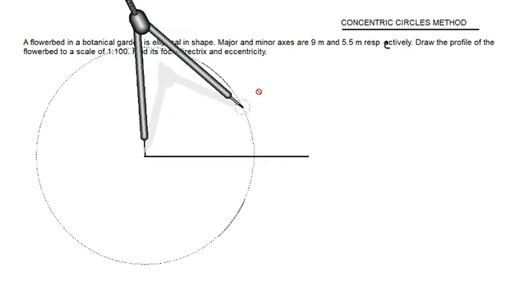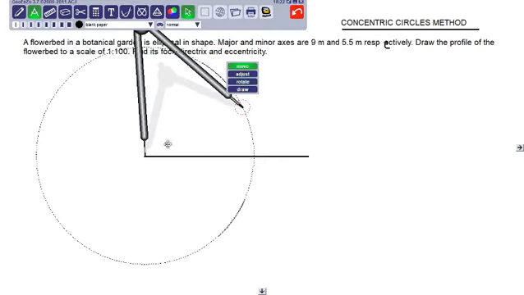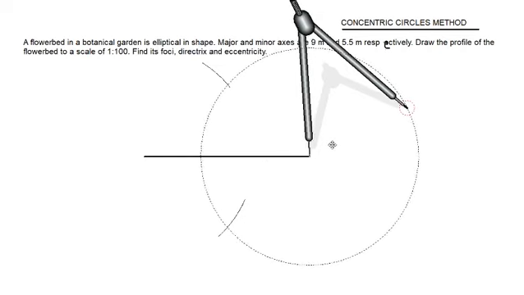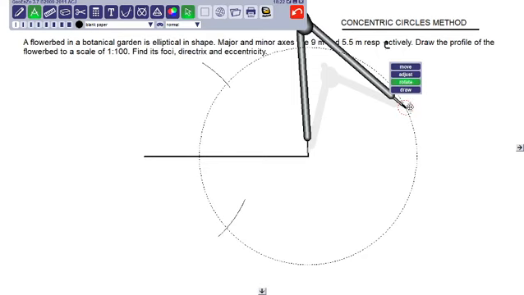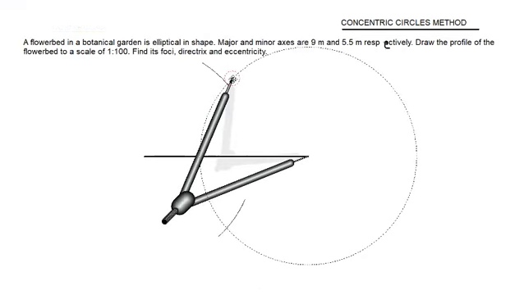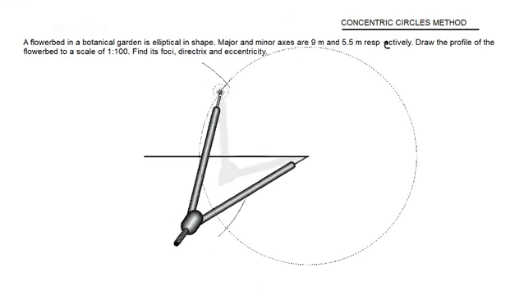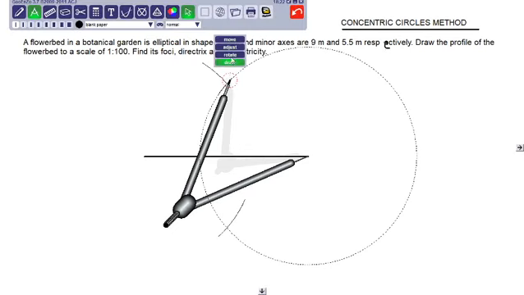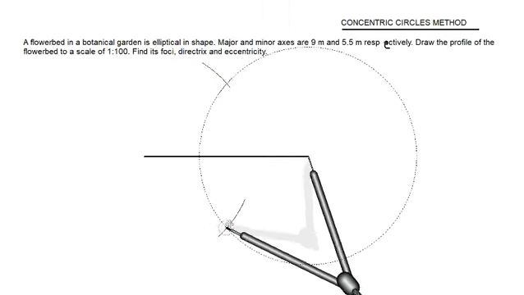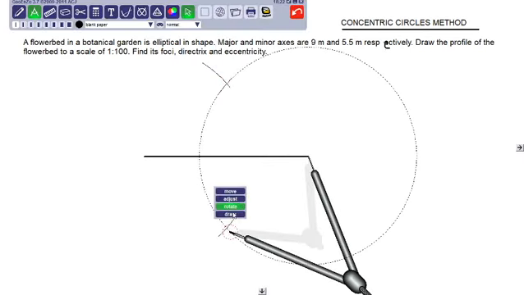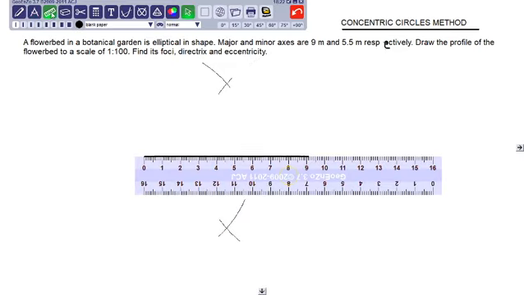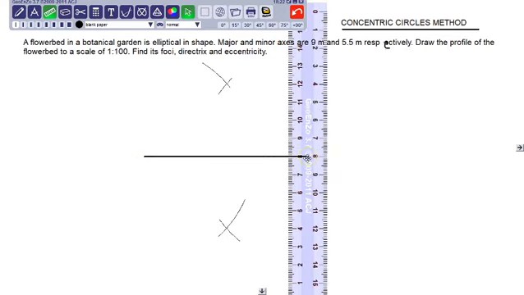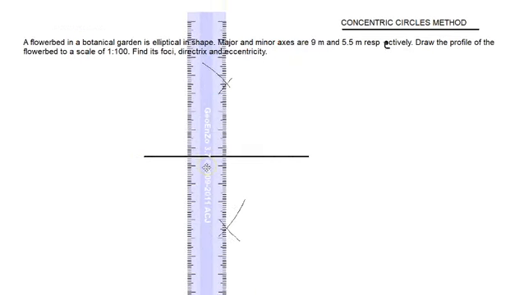You can move it on the other part of the major axis, rotate it, draw the arc, rotate it and draw the arc. Okay, so this is the perpendicular bisector of this given line.